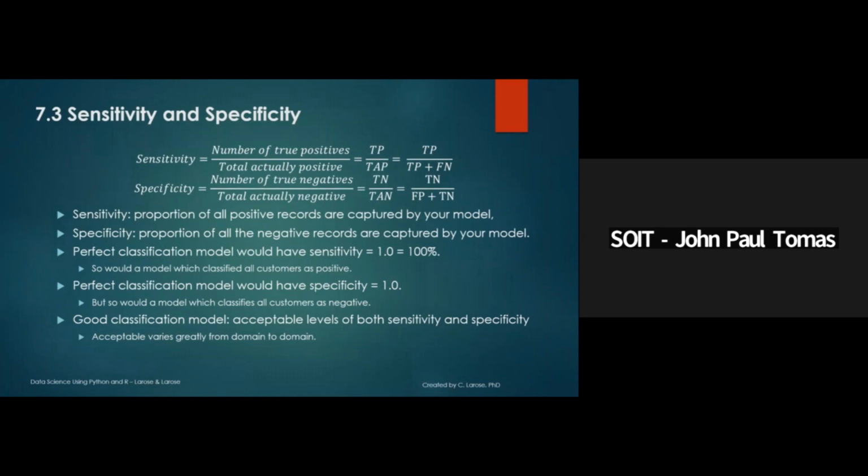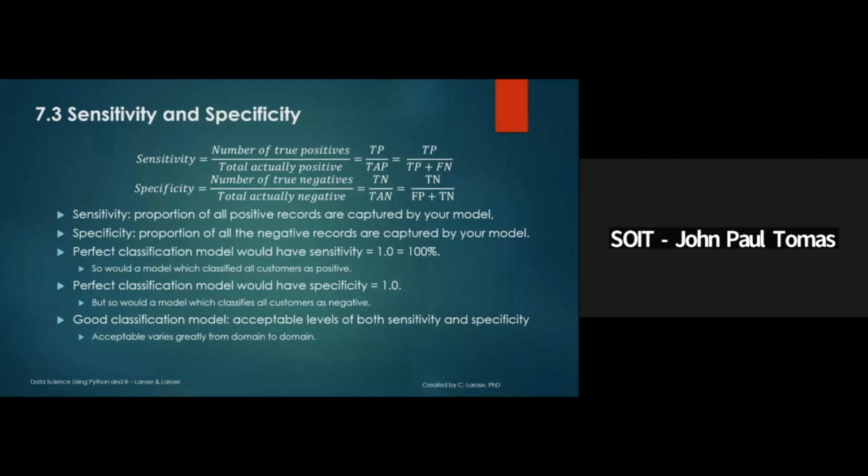Or the formula is actually TN over TN plus FP. Take note that the sensitivity measures the ability of the model to classify a record positively, while specificity measures the ability to classify a record negatively.